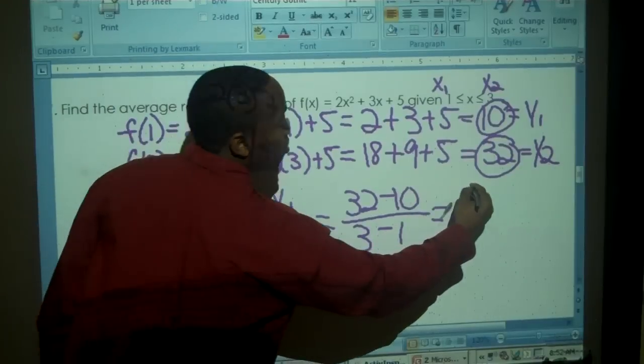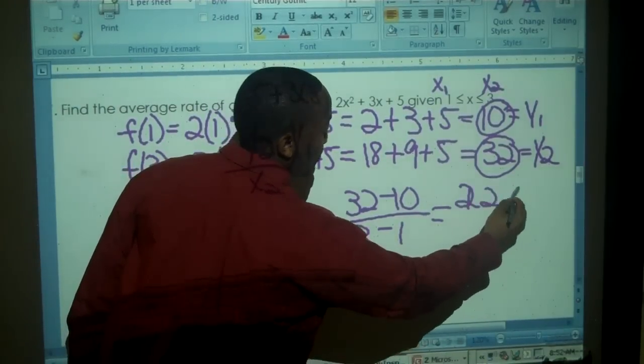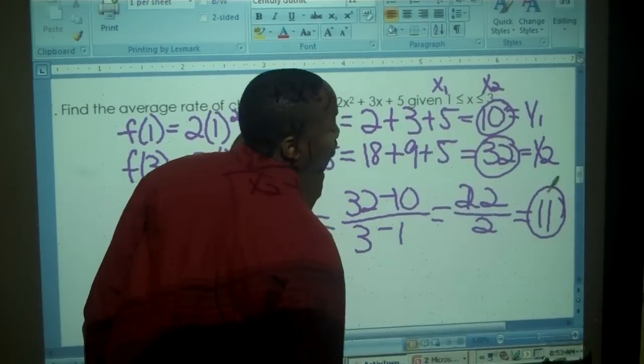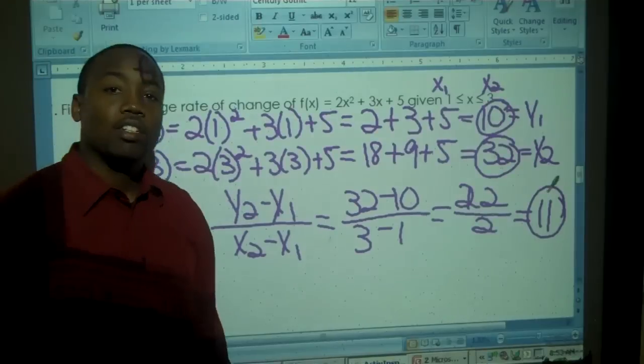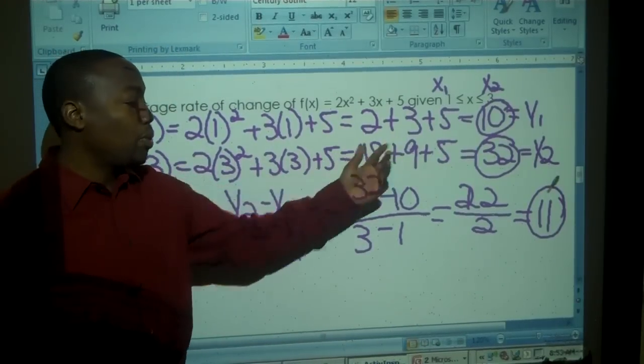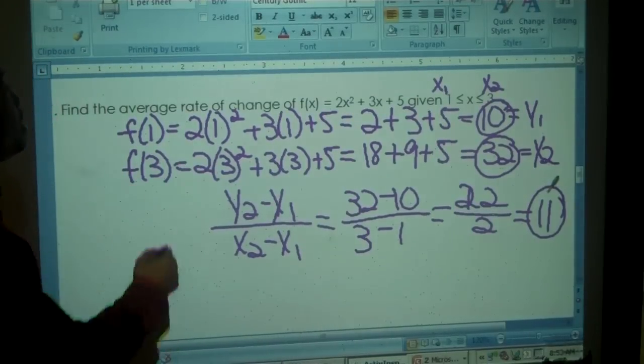So we end up with 22 divided by 2, which gives me 11. The 11 is going to be my average rate of change. So we use our slope, plug in our answers, and we get our average rate of change. Now, this is when we have an equation.